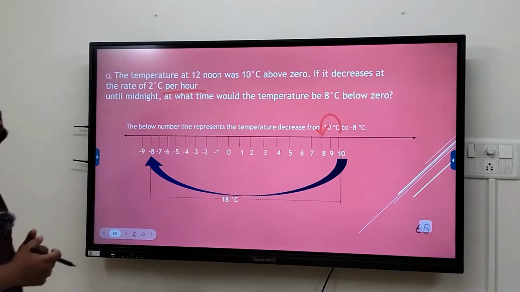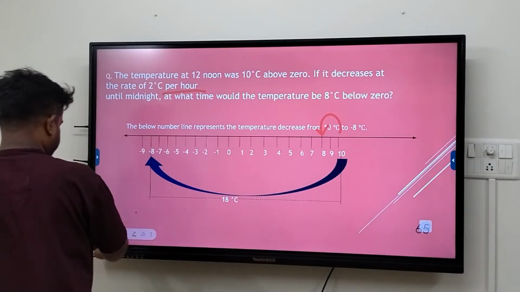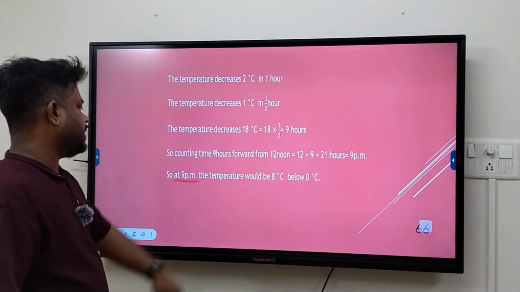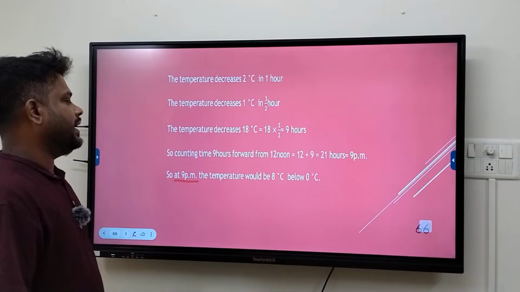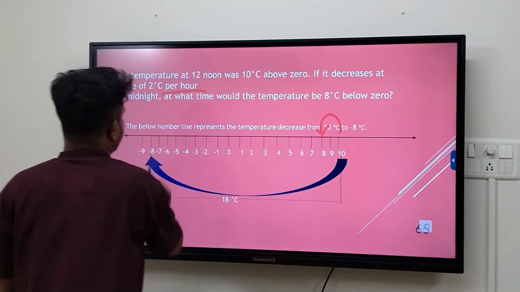If it is currently 12 noon, the answer will be 9 p.m. at night. At 9 p.m. the temperature would be 8 degrees below 0. We can easily solve this by drawing a number line here.